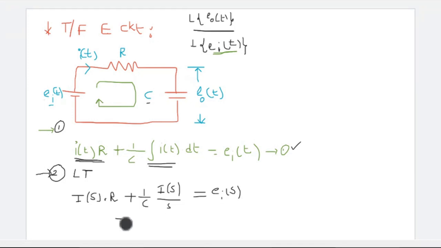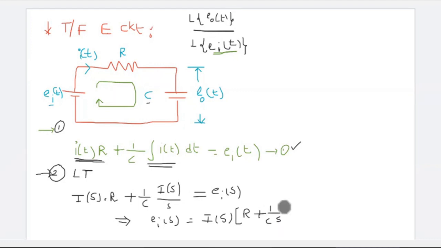From that, take I of s as common. Ei of s is equal to I of s into R plus 1 by CS.